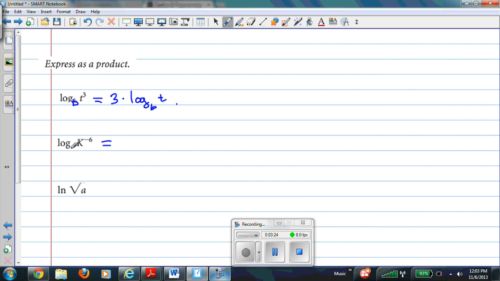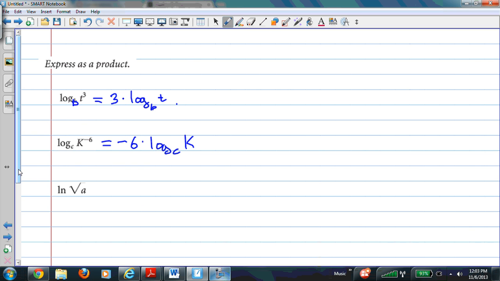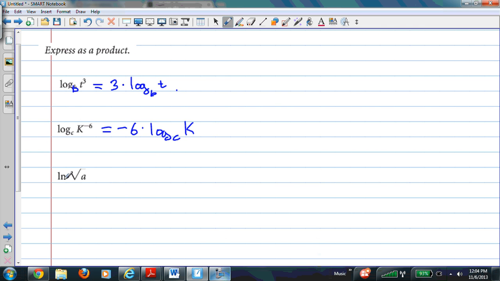Same thing here. We have log base c of k, and k is raised to the power negative 6. Therefore, by the power rule, we can bring negative 6 down, and then we're left with log base c of k. Now in the last one, when we have a natural log of a square root of a, we actually have to remember that a square root can be expressed as the power 1/2.